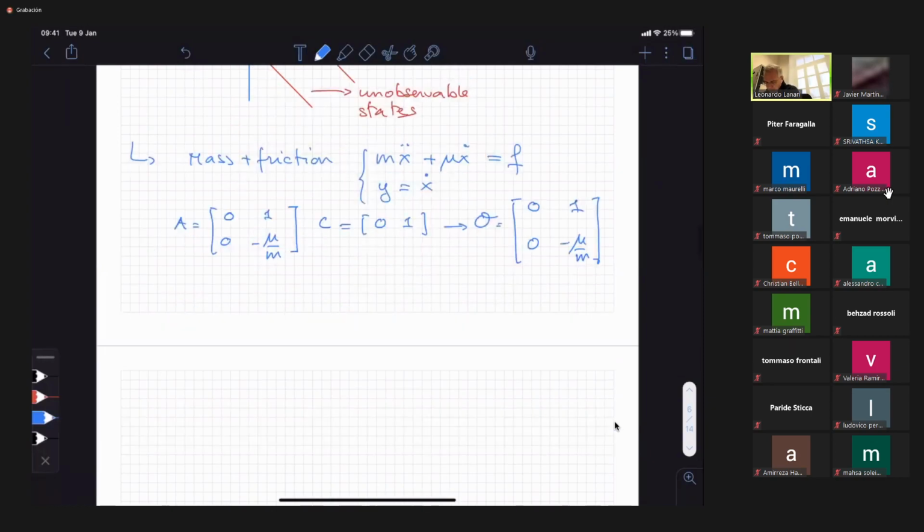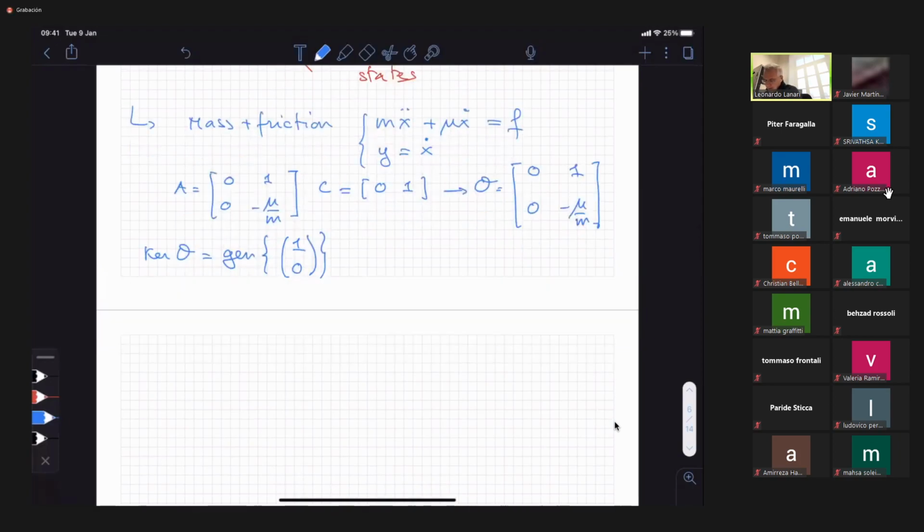So the kernel is clearly generated by any vector parallel to 1, 0. If I multiply this observability matrix times alpha 0, I would always obtain the 0 vector.